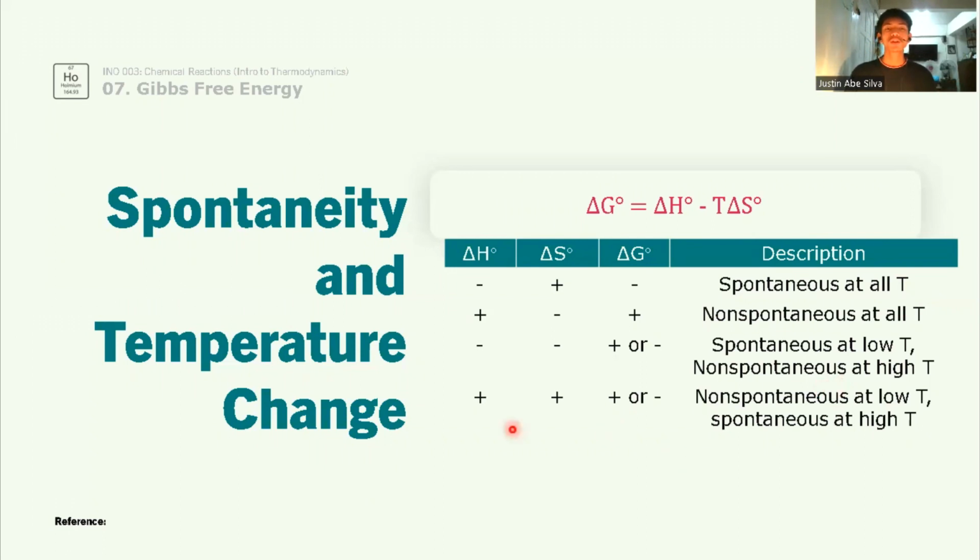So if we're going to focus on the positives, two positives, so positive H, positive S, whatever you will get for delta G, you would take note that having positive H and positive S would be non-spontaneous at low temperature. Or this means it will be non-spontaneous at any temperature lower than the given temperature indicated.